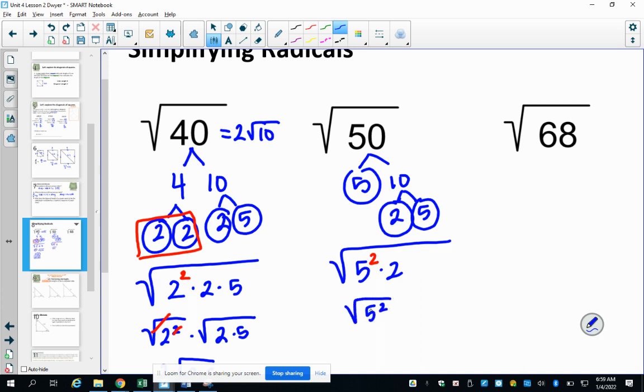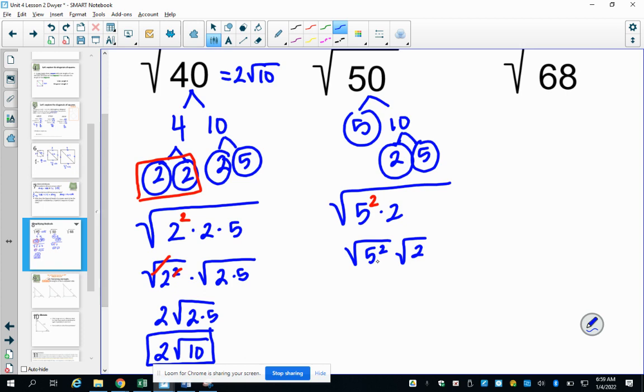When I break this up, I've got the square root of 5 squared and the square root of 2. The square root will cancel the squared here, and we'll end up with 5 square root 2. So square root of 50 is the same as 5 square root of 2.